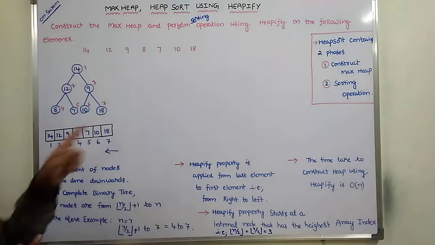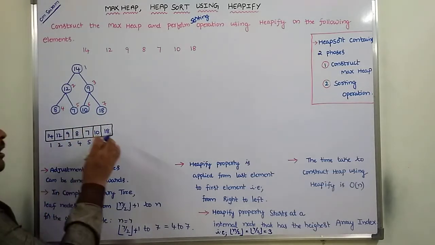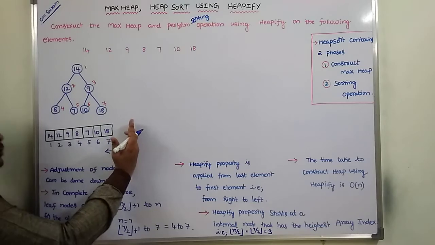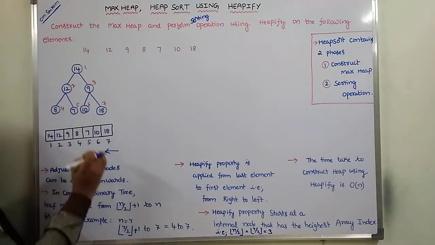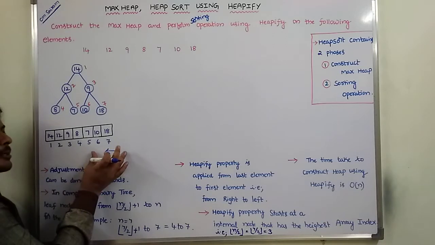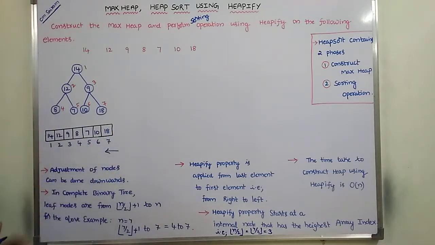In this video, we are using the Heapify property, so we start from the last node in the complete binary tree, going to the first node. This is the important point while performing the sorting operation using Heapify property. We start from the last node to the first node. That is the first point.